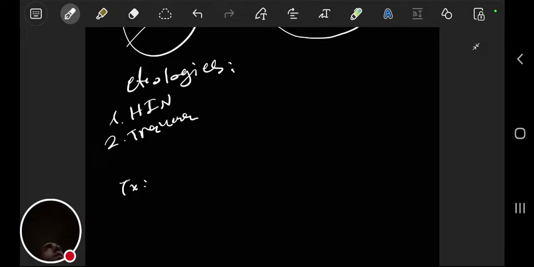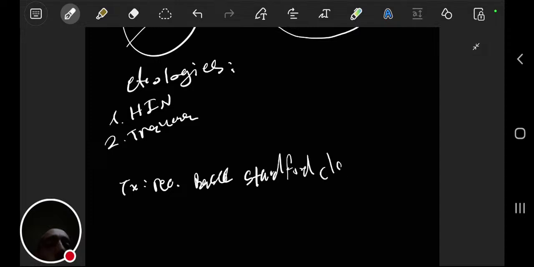Now, the imaging protocol depends on the risk and the probability of intramural hematoma. The first recommendation is based on the Stanford classification, like in aortic dissection.